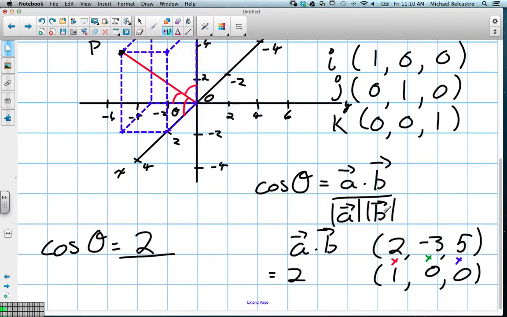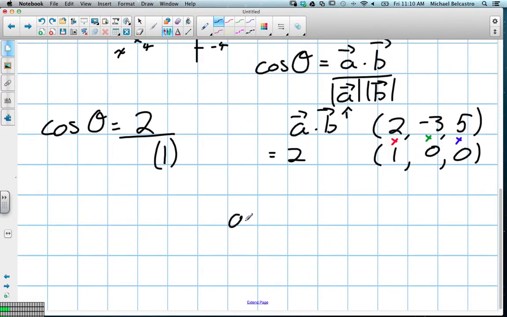The next thing we have to do is find the magnitude of A and B. We just discussed that the magnitude of B is going to be 1 because it's a unit vector, so we're just multiplying by 1. The next step is to find the magnitude of A. Remember, if we find the dot product of the vector and itself, that gives us the magnitude of A squared.